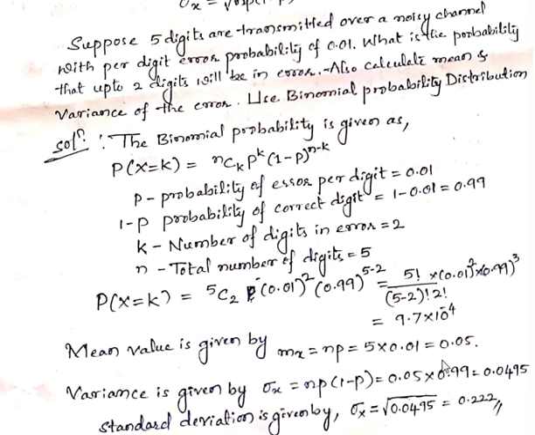So we get 0.05. The variance, by that formula, is np into (1 minus p), which will be 0.049, and the standard deviation is the root of np into (1 minus p). So let's write this.